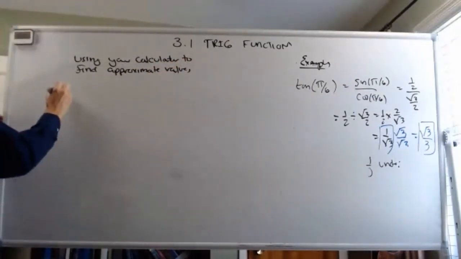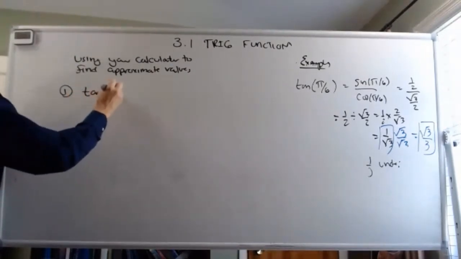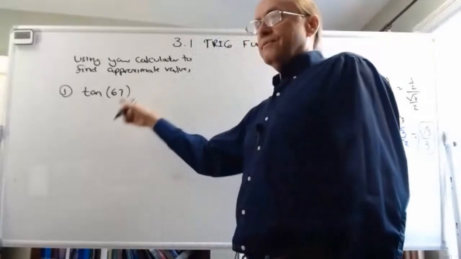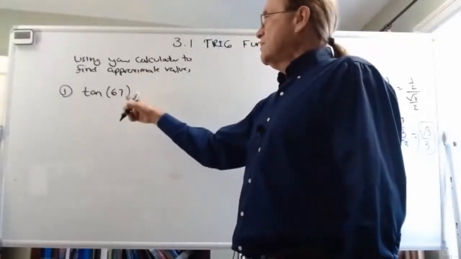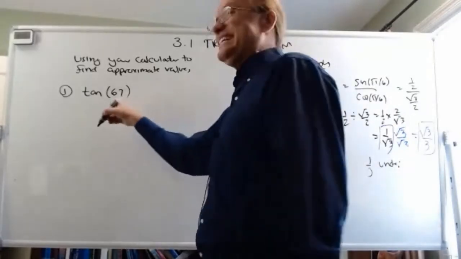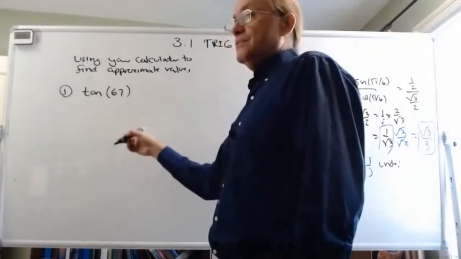Say, for example, you have the following. They have the tangent of 67. And you've got to understand, what does that mean? This does not mean 67 degrees. If it doesn't have the degree symbol, it does not mean that. If you want 67 degrees, you write the symbol; this is 67 radians. So if we go around 2 pi, that's equal to about 6.28.